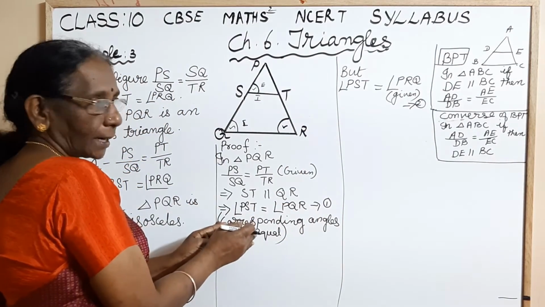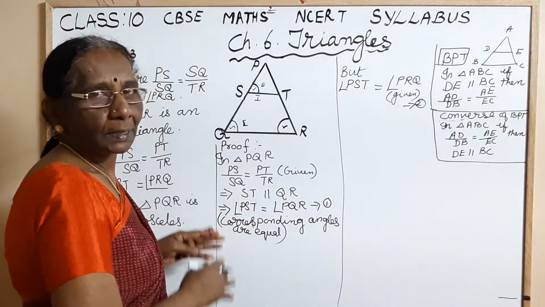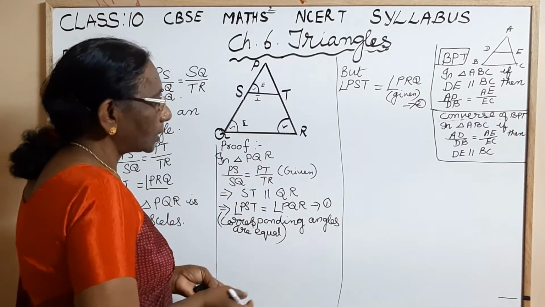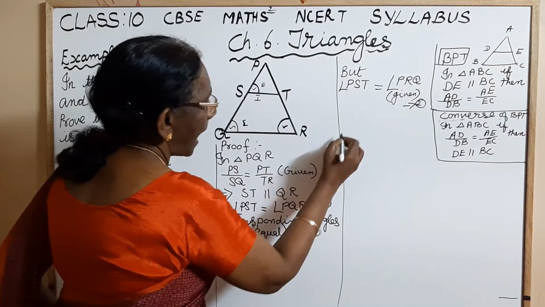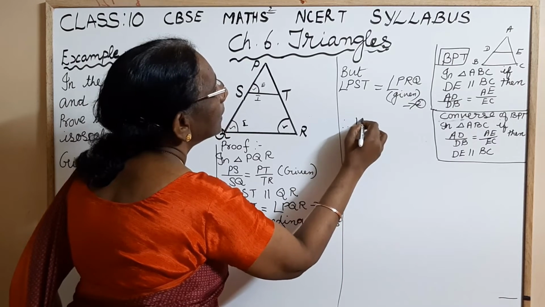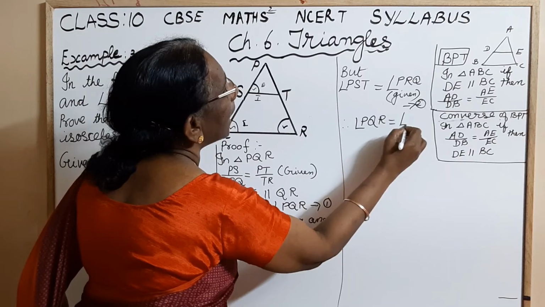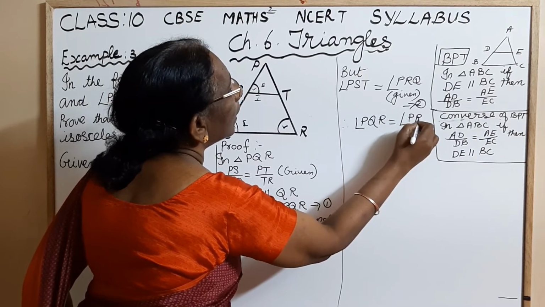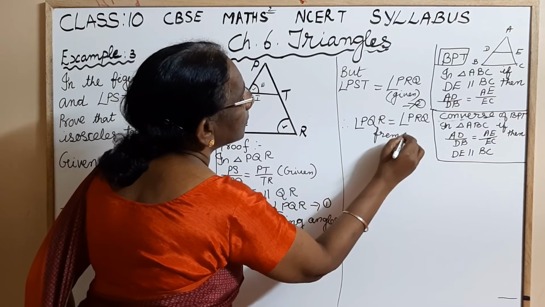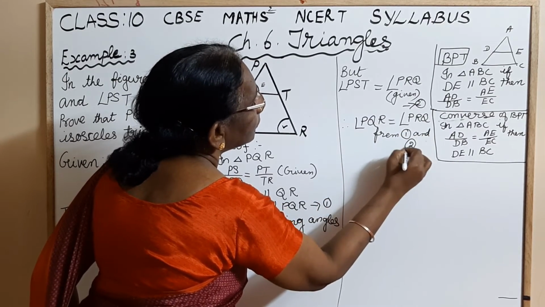See the left hand side, PST, the left hand side PST. Left hand side represents the same angle. Therefore, the right hand side is also equal. That is, angle PQR is equal to angle PRQ from 1 and 2.